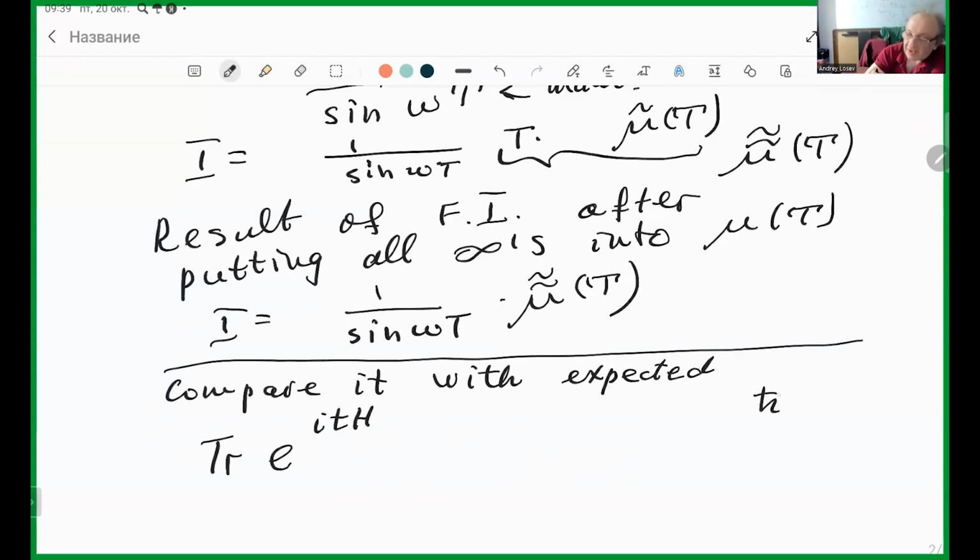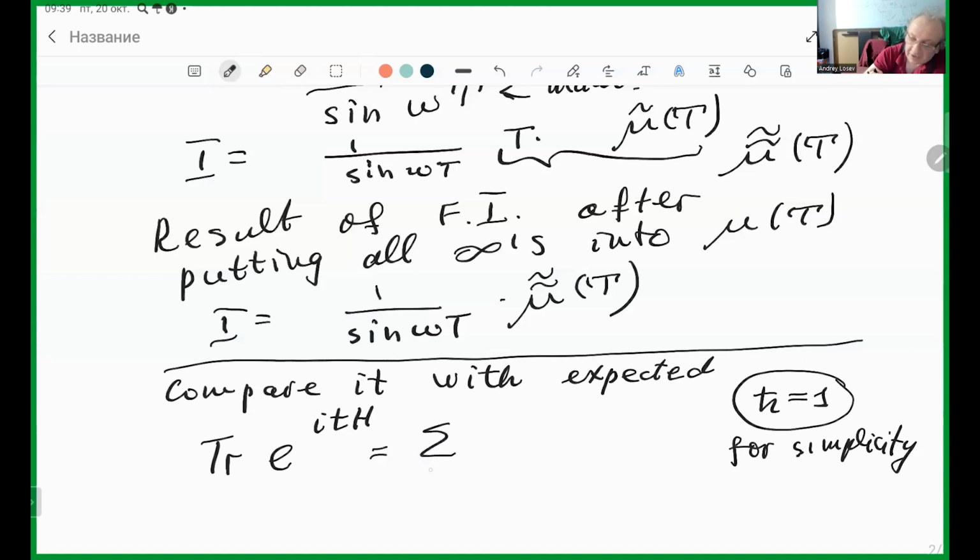So let me take the Planck constant h to be equal to 1 for simplicity. It is the sum over n of e to the minus i T e_n. Sorry, I need to put a capital T here.